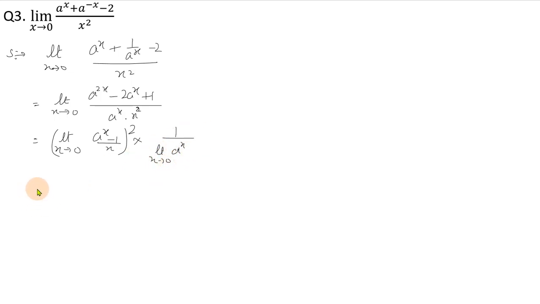Okay, so this term becomes log of a whole square into 1 upon, as x approaches to 0, a power 0 is 1, so the answer is log of a whole square.